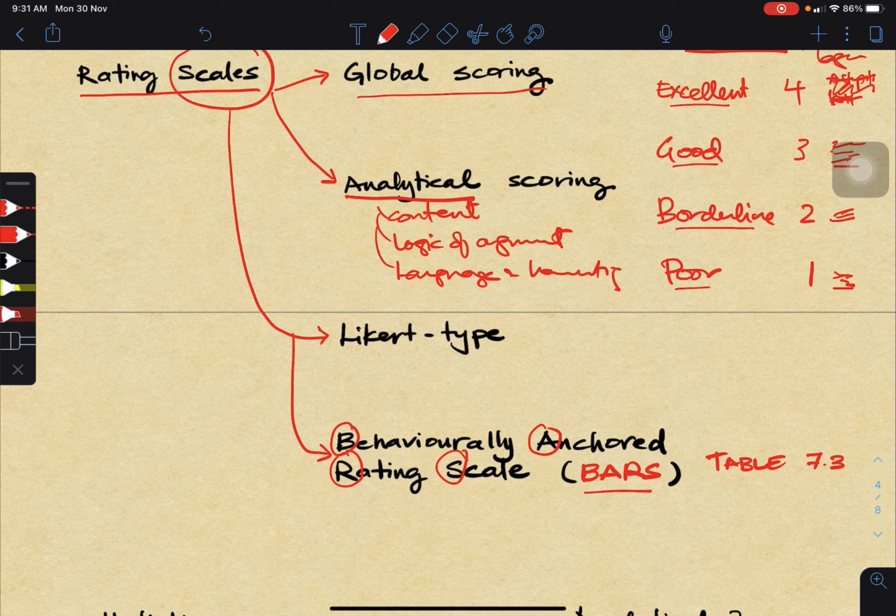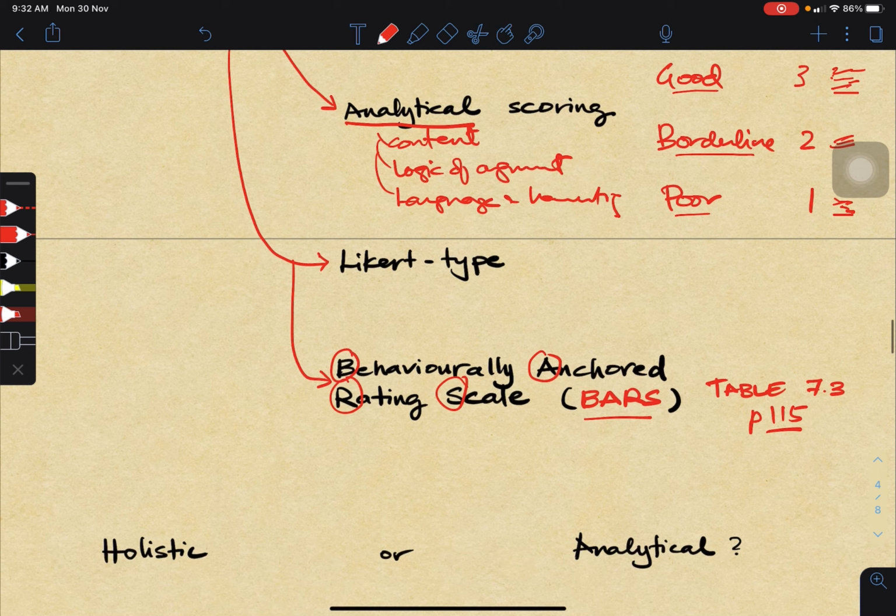You can have a look at table 7.3 on page 115 for an example of a BARS. So in the BARS, there is actually the scale and the description of a scale, the name.